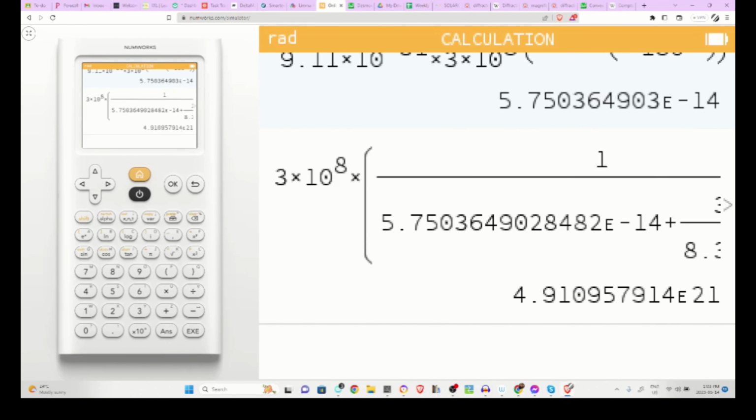So this gives us 4.91 times 10 to the 21.